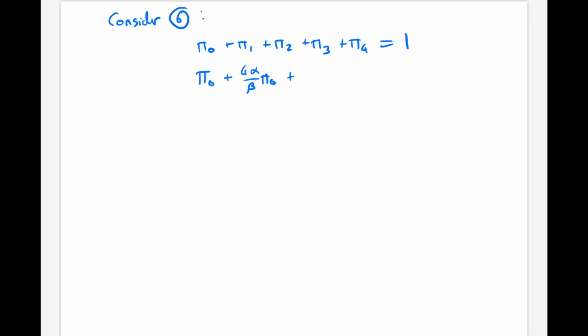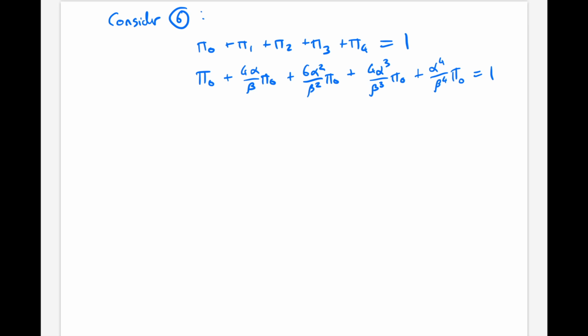Pi 2 was equal to 6 alpha squared over beta squared pi naught. Pi 3 was equal to 4 alpha cubed over beta cubed pi naught. Pi 4 was equal to alpha to the power of 4 over beta to the power of 4 pi naught, which is equal to 1.